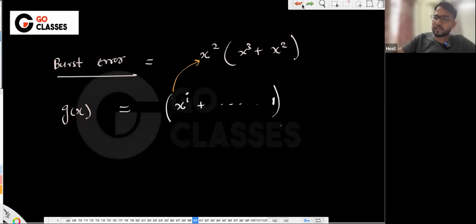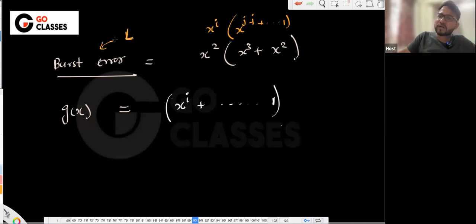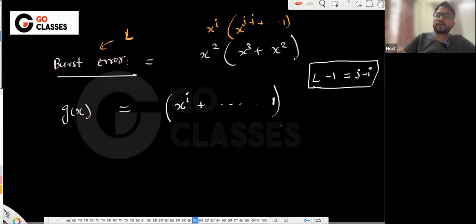Now we need to take care of the second thing: that this generator should also not be able to divide this. In general, it is x power j minus I till 1, and this is x power I. Suppose my burst error length is L. Then L and j minus I are related like this: L minus 1 equals j minus I. This is a very trivial relation.